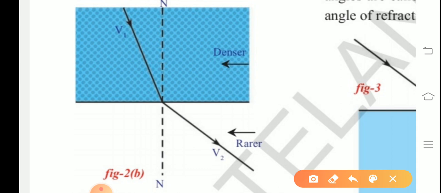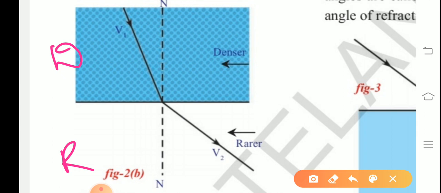Now assume a light ray coming from denser and entering into rarer. So these are the arrow marks showing the direction of light. Here light is propagating from denser medium to rarer medium.